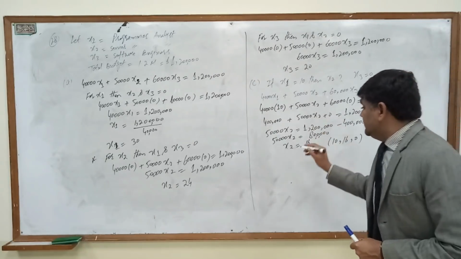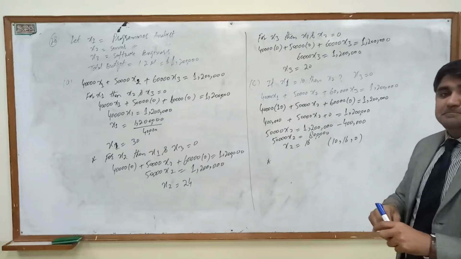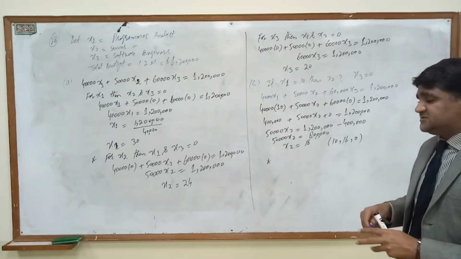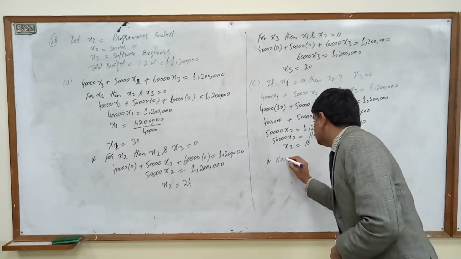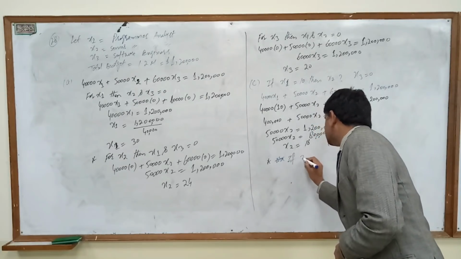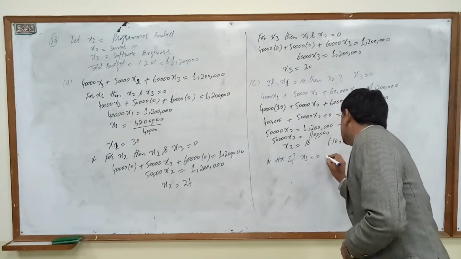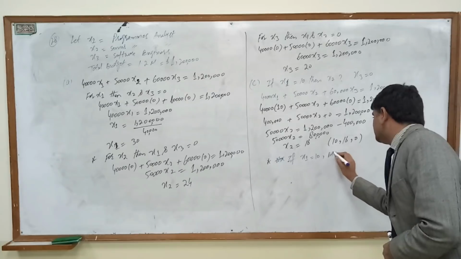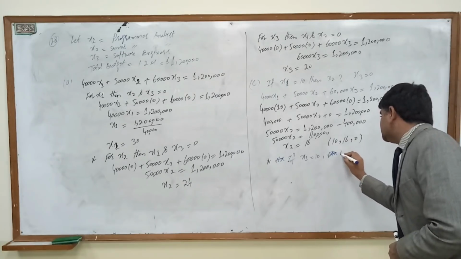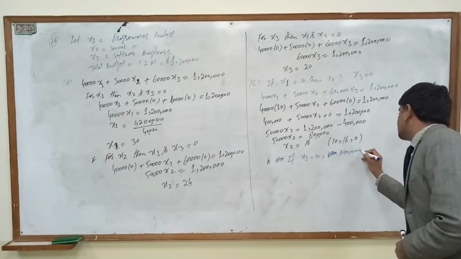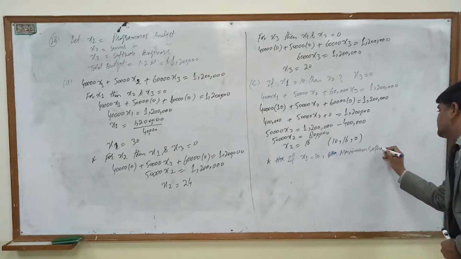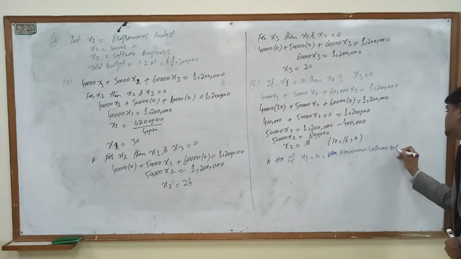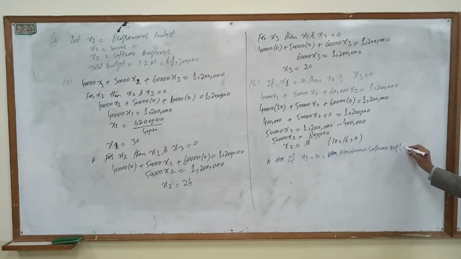Correct? Yes, sir. Here we have the second part, maximum software engineers, if x1 is 10 and x2 is equal to 0. Here the case is maximum software engineers, so we have to determine x3, then x2 will be equal to 0.